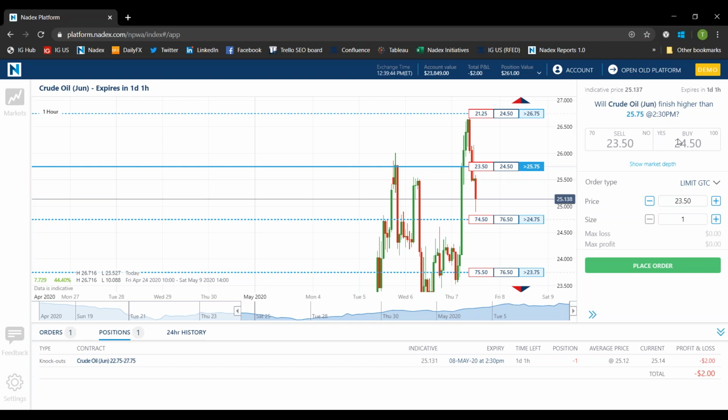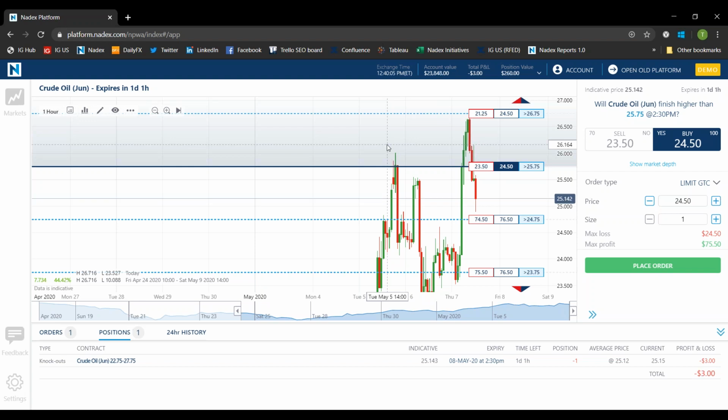If I thought it was going to do that, I'm going to click on buy. You'll notice that the chart populates with a blue shaded area that says, this is where oil would have to finish for this prediction to go in the money. Essentially, what you're trading, when you look at these prices, is the probability of that question being true. These contracts are only worth $100.